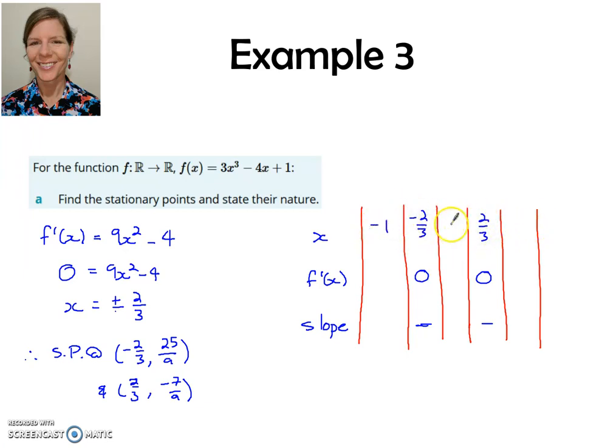So -1 would be good, 0 in the middle, and 1. Something less than -2/3, something in between, and then something bigger than 2/3. Then all you do is plug that back into here. So if we want to find f'(-1), f'(0), and f'(1), if you work those out, you get 5, -4, and 5.